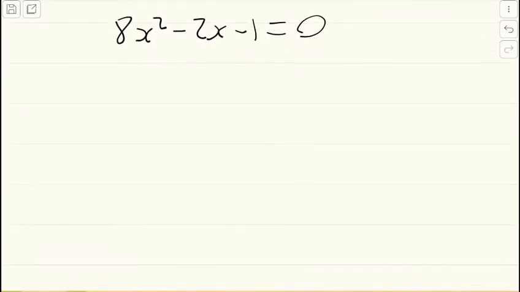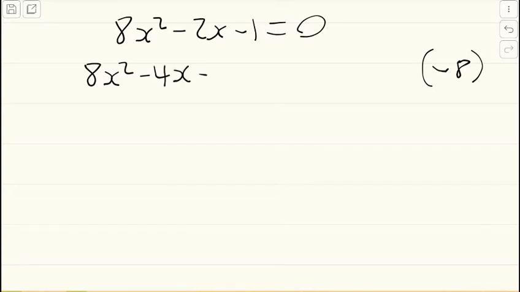We can actually factorize this one. So if you take 8 and multiply it by minus 1, that gives you minus 8. So I'm just going to write that here. Two numbers that multiply to give minus 8 and add to give minus 2. That's going to be minus 4 and positive 2. So I have 8x squared minus 4x plus 2x minus 1 equals 0.